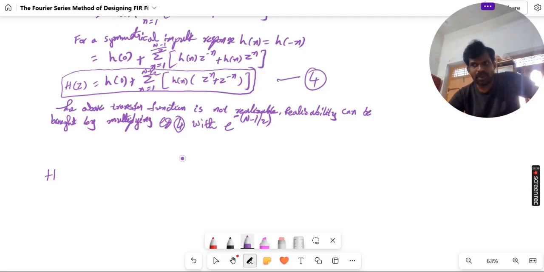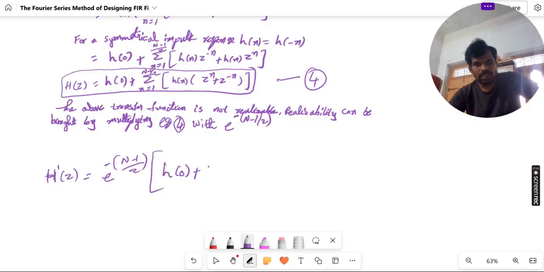The realizable transfer function can be represented by H dash of z, which is equal to e to the power of minus of capital N minus 1 by 2 into h of 0 plus summation n equal to 1 to N minus 1 by 2 of h of n into z power n plus z power minus n.